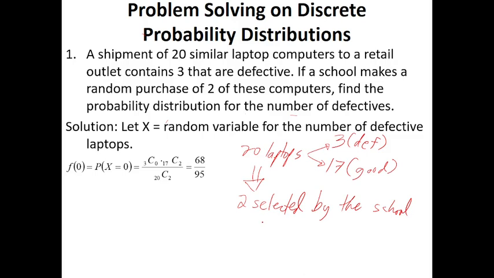So what is the probability distribution for the number of defectives? Construct the probability distribution for the number of defectives.